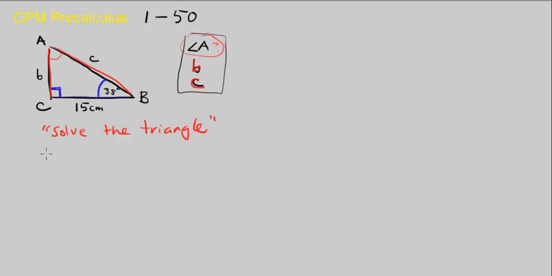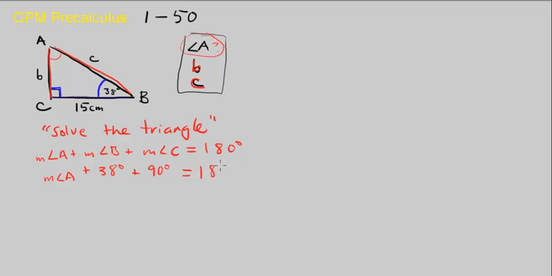We know when we add up all the angles inside of a triangle, they must equal 180 degrees. So the measure of angle A plus the measure of angle B plus the measure of angle C has to equal 180 degrees. We don't know the measure of angle B, so let's leave that as a variable. We know the measure of angle A is 38 degrees, and the measure of angle C is 90 degrees.